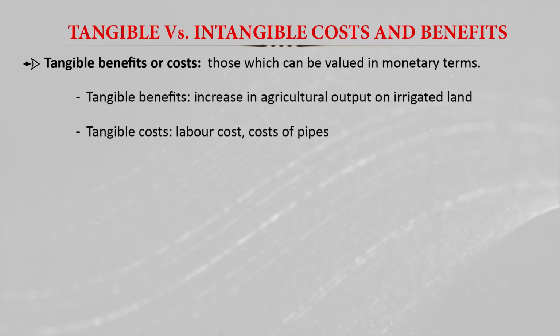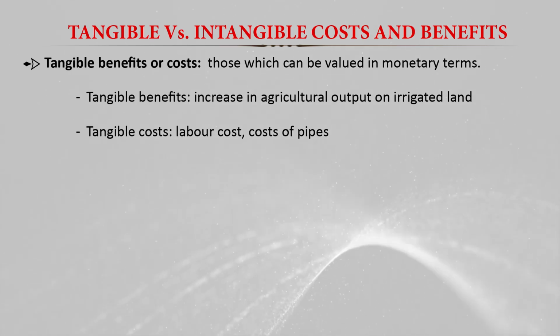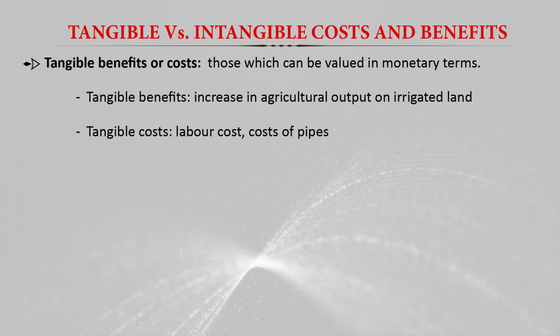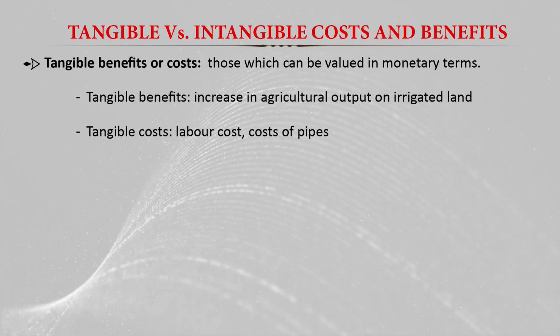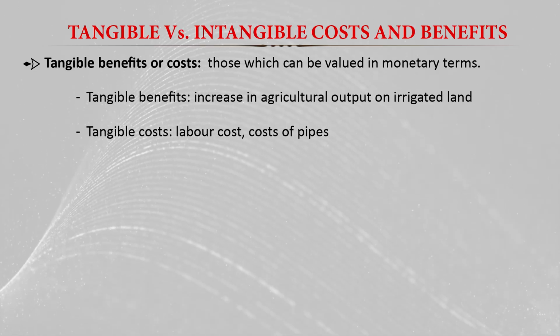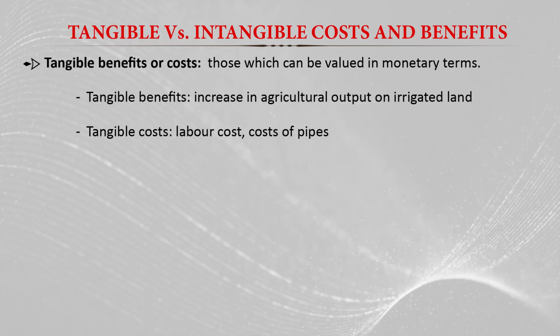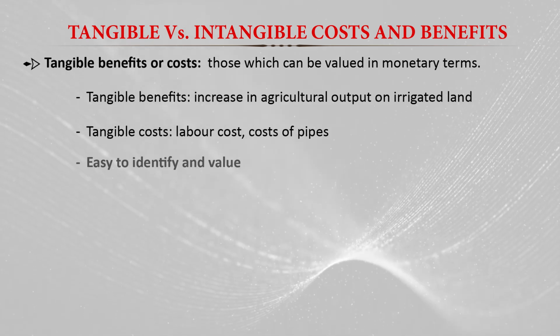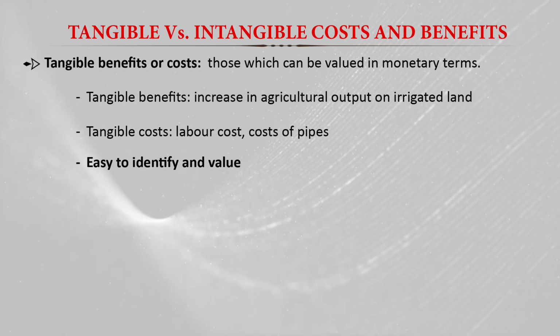In the case of tangible cost, like labor cost or cost of pipes in an irrigation dam project, we can easily identify and measure the labor cost or cost of pipe. So we say that is the tangible cost. These tangible costs and tangible benefits we can easily identify and easily value in monetary terms.